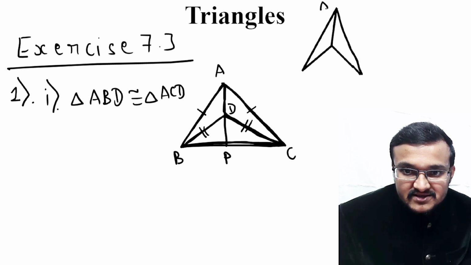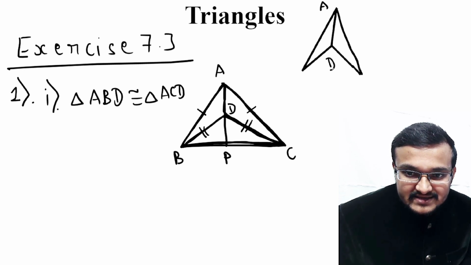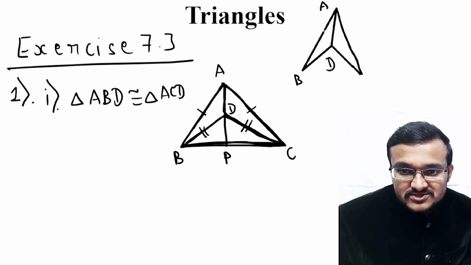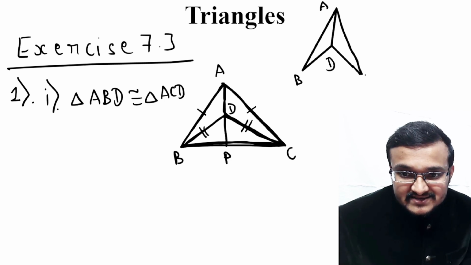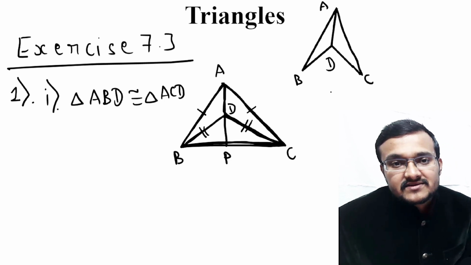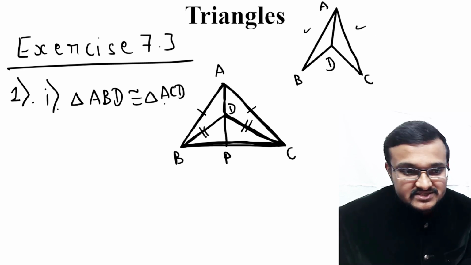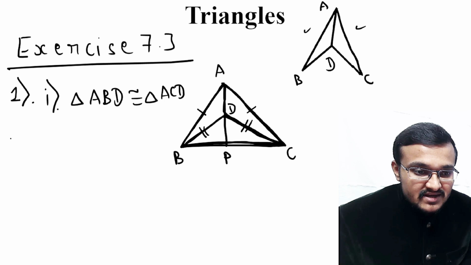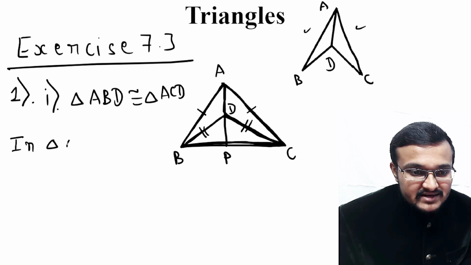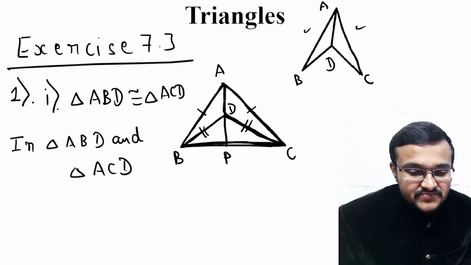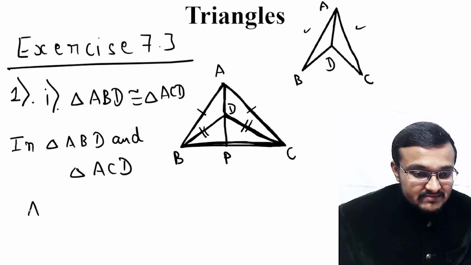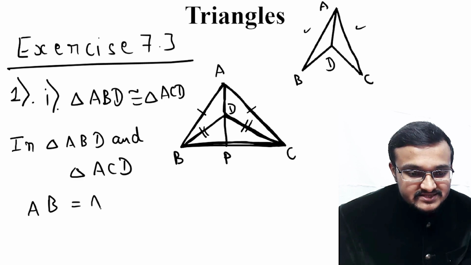ABD is one triangle, ADC is another triangle. These two triangles you have to prove are congruent with each other. So in triangle ABD and in triangle ACD, here AB is equal to AC.